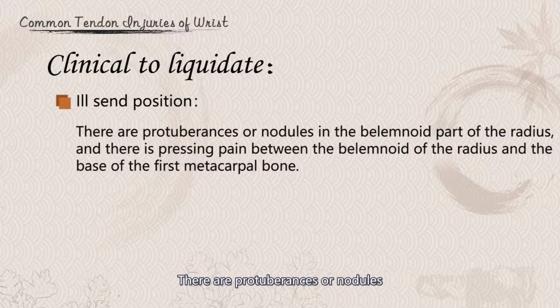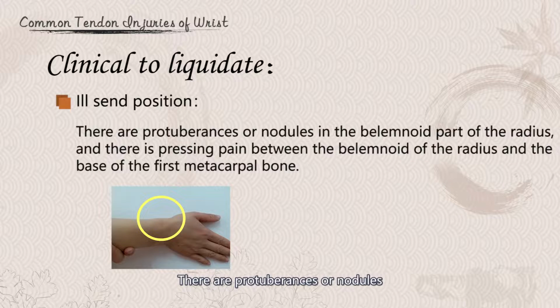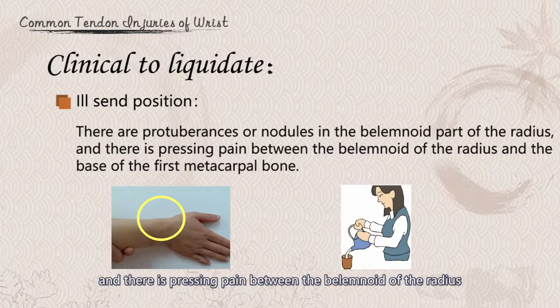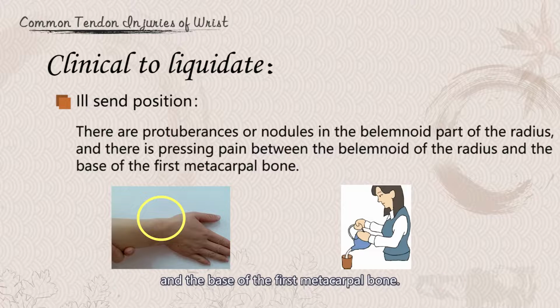There is protuberance or nodules in the styloid part of the radius, and there is pressing pain between the styloid of the radius and the base of the first metacarpal bone. Some patients are reddish, slightly swollen, and slightly warm locally, and pain can radiate to the hands.